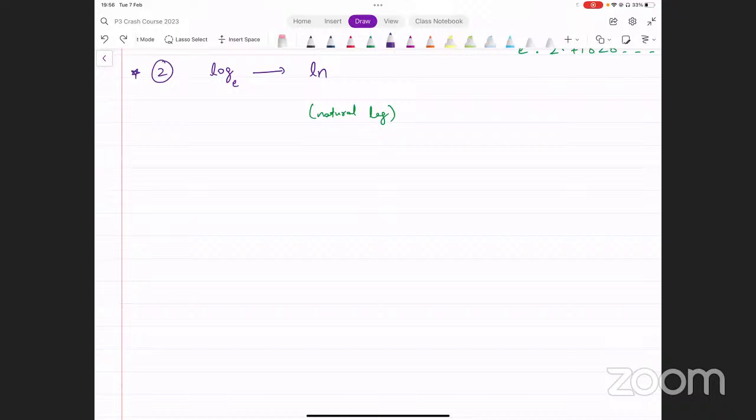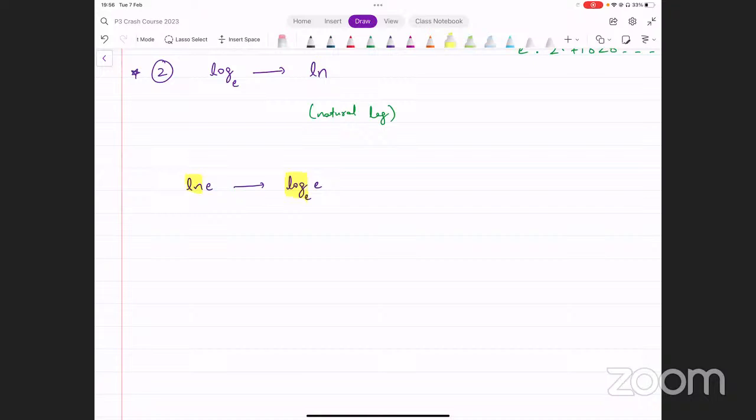All right. So now if you had to evaluate ln of E, for instance, what would that be? ln is the same thing as log with base E, right? So ln E could be written as log of E with base E. So instead of ln, we could write log with base E. That's what it stands for, right?